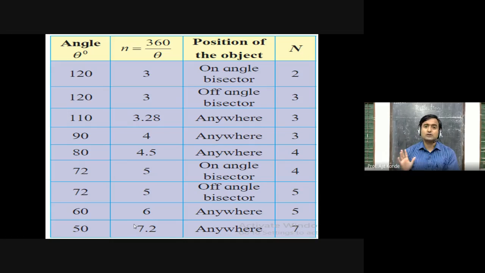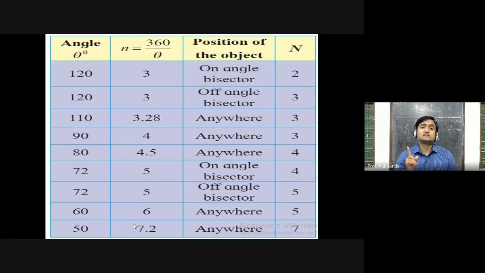Now you understood what is the way. Okay, if the answer comes to be even, we don't have to see the position of the object, whether it is on the angle bisector or not. We have to directly subtract 1. If the answer comes in decimal, at that point also we have to take its integral part. We don't have to see at that point what is the position of the object.